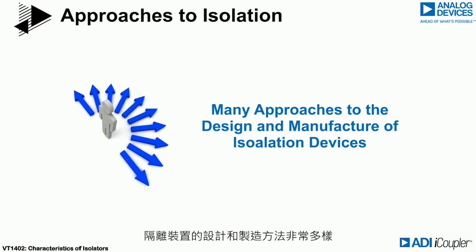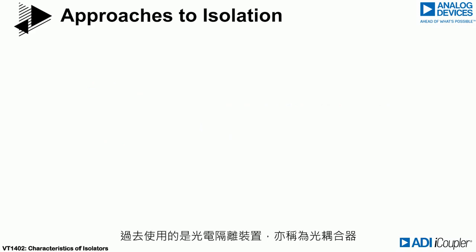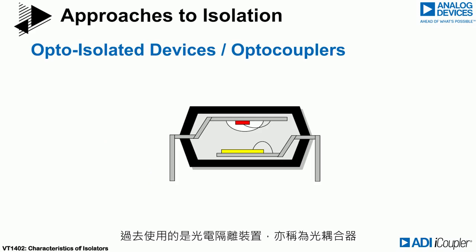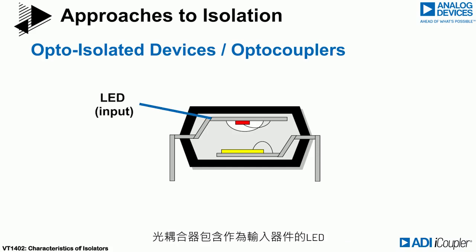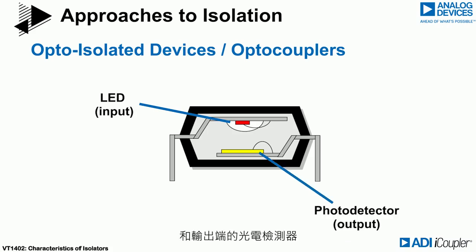There are many ways to design and manufacture isolation devices. Historically, opto-isolated devices, also known as optocouplers, were used. An optocoupler contains a LED as the input device and photodetector at the output.